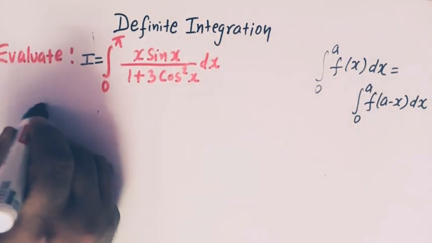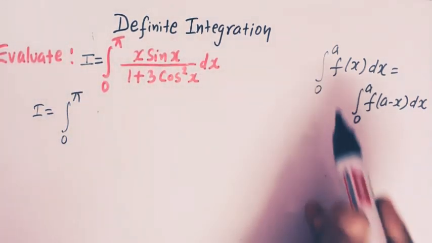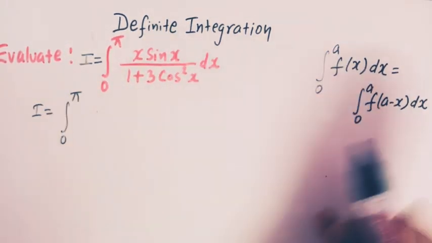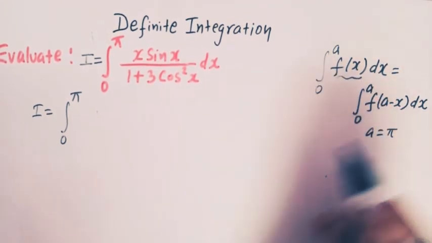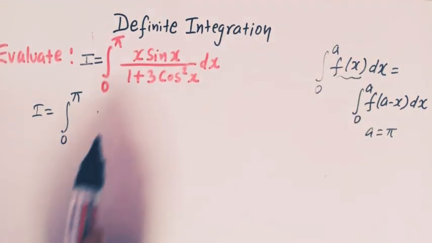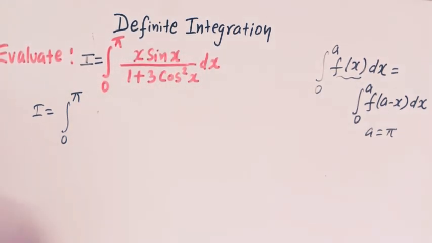So the integral becomes 0 to pi, and here the value of a is pi, and the function f of x is given by x sin x divided by 1 plus 3 cos square x, right?